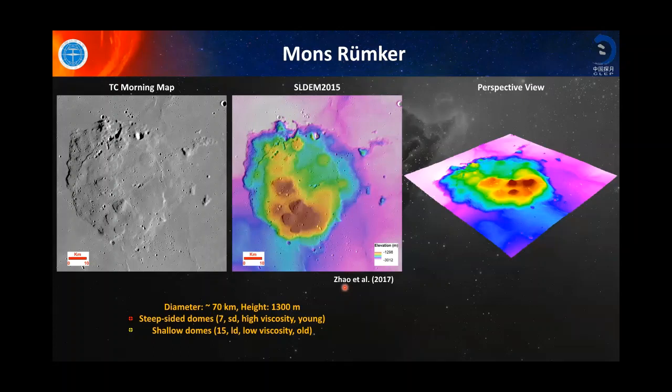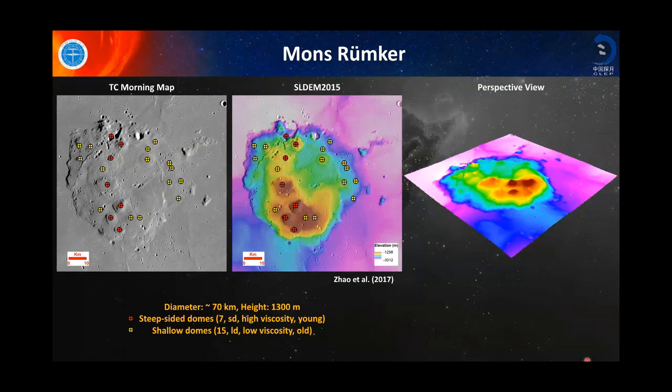We divided the volcanic domes on Mons Rümker into 2 types. One type is the steep-sided domes. There are 7 steep-sided domes on Mons Rümker, and there are 15 shallow domes on Mons Rümker. And Zhao et al. think that they were formed by eruption of lavas with different compositions.